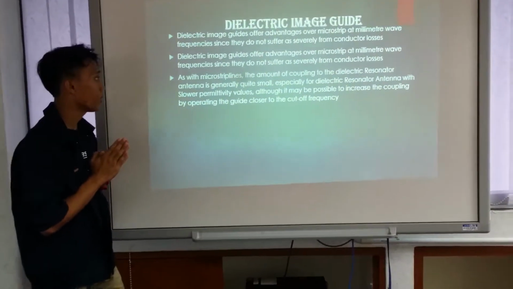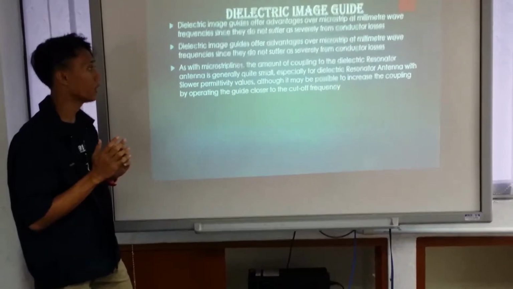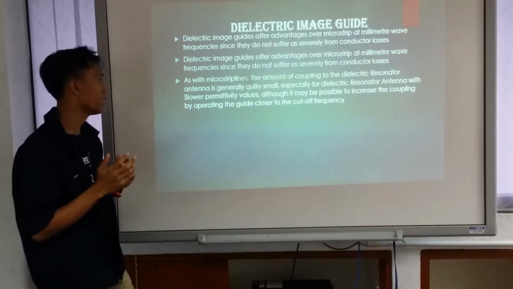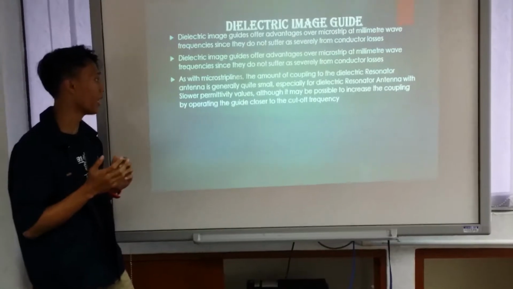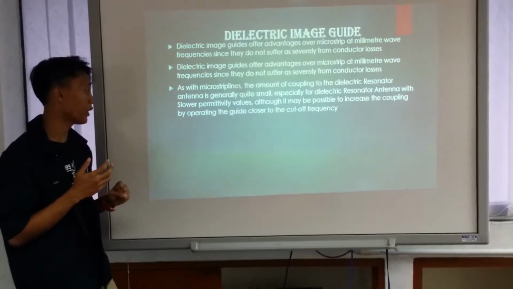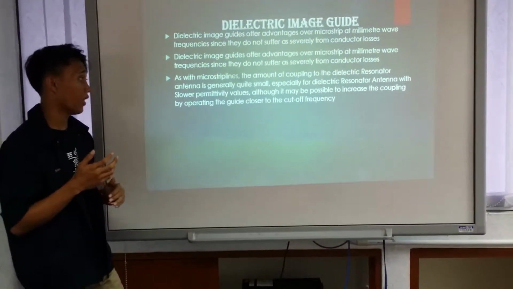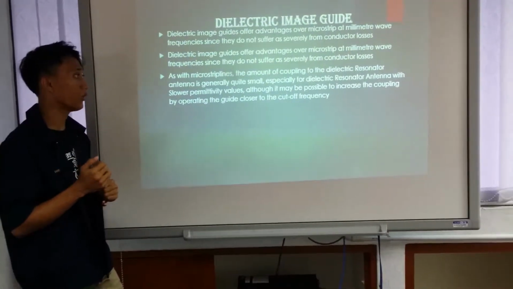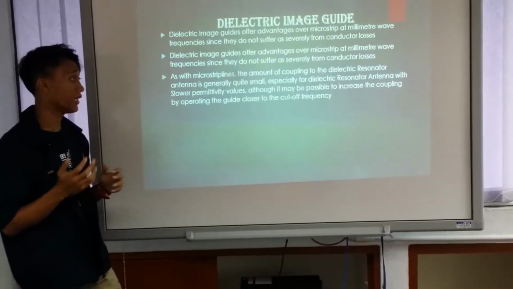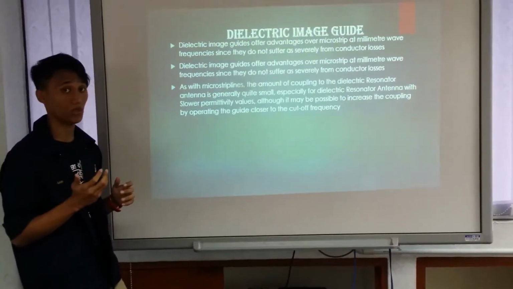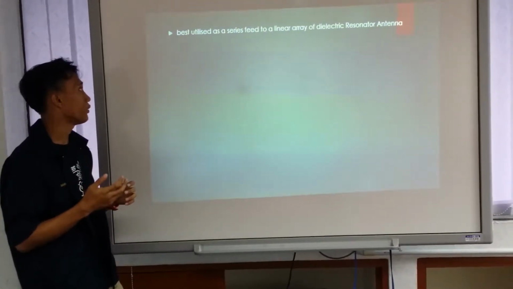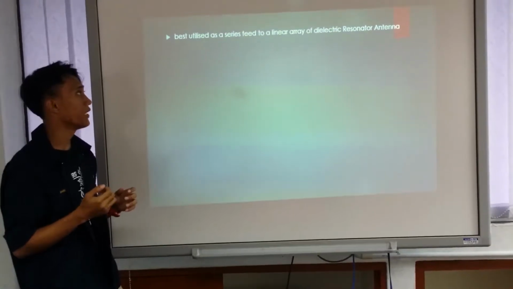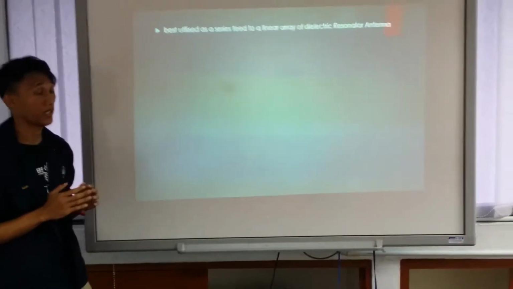As with microstrip line, the amount of coupling to the dielectric resonator antenna is generally quite small, especially for the dielectric resonator antenna with lower permittivity value. Although it may be possible to increase the coupling by operating the guide closer to the cutoff frequency. And it is best utilized as a series feed to a linear array of dielectric resonator antennas.